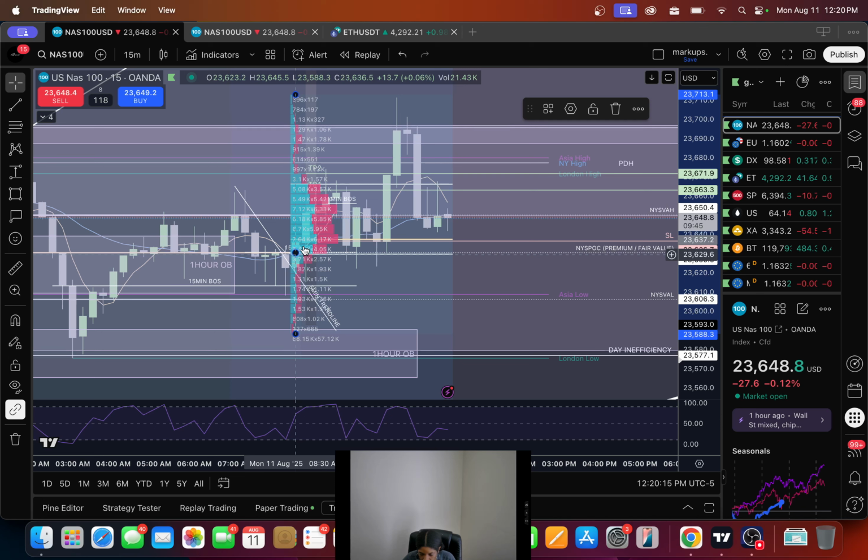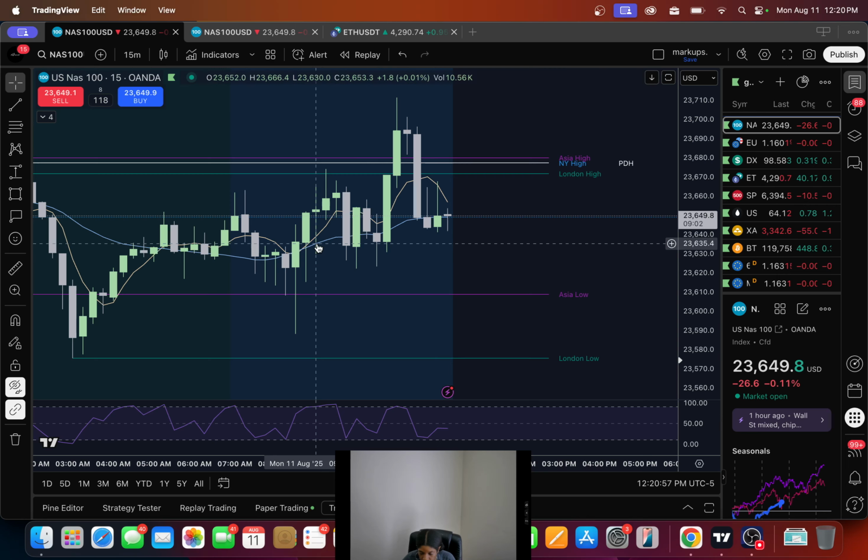Once it hit this level, this London high, price really just crashed on down for basically all of it until 11, or 10:45, before it reversed and kept pushing. So to me, I was okay with that.